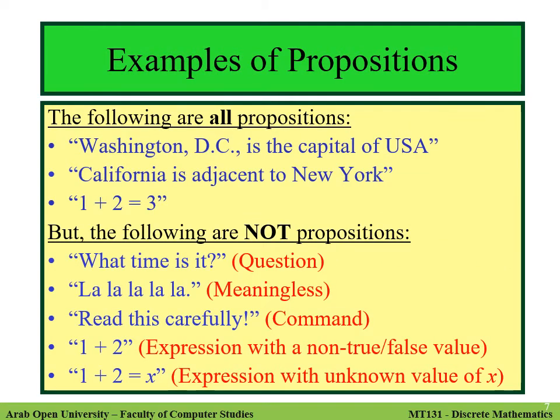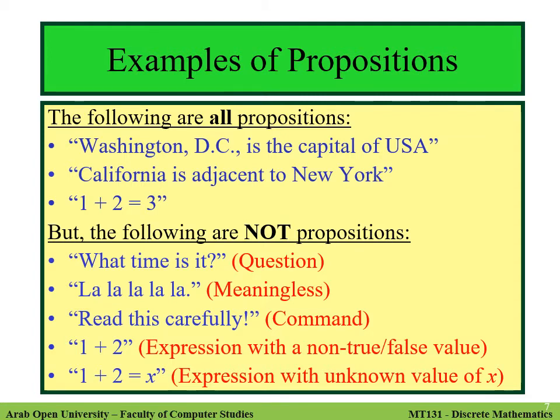Here are examples of propositions, and also we'll look at examples of statements that are not propositions. The first example, Washington, D.C. is the capital of USA. This is a proposition. The truth value for the proposition is true. Second example, California is adjacent to New York.